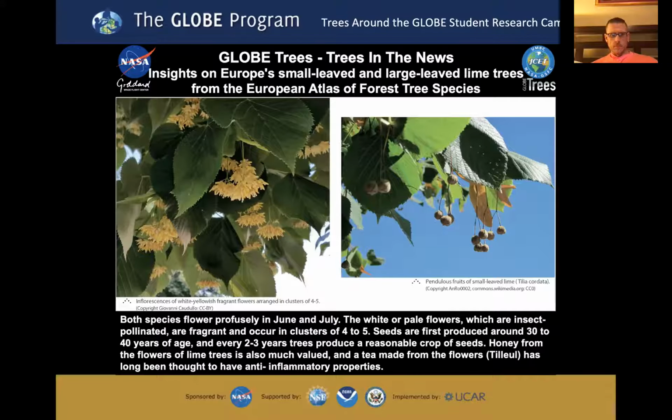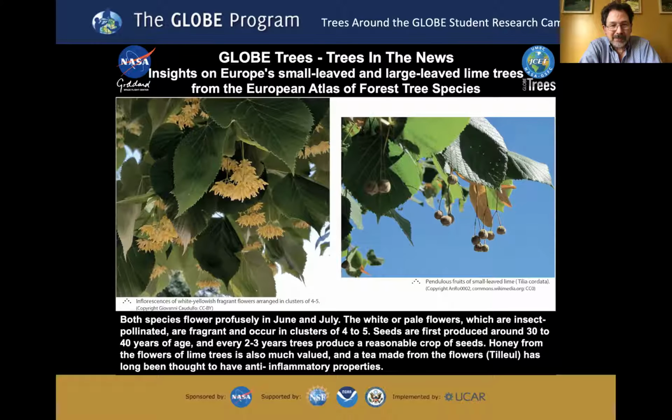The fact that you can make tea with the flowers is kind of cool. I'm not sure how valuable the seeds are for other purposes, but pretty clearly the trees reproduce pretty widely.